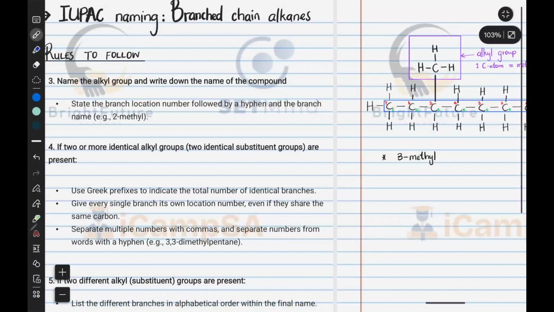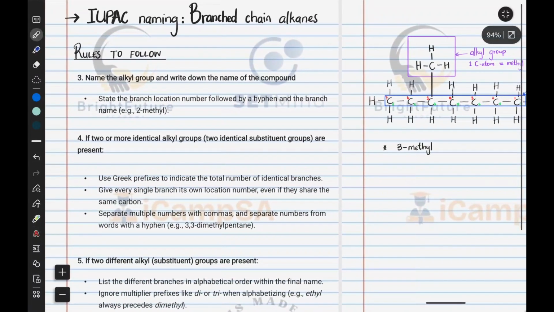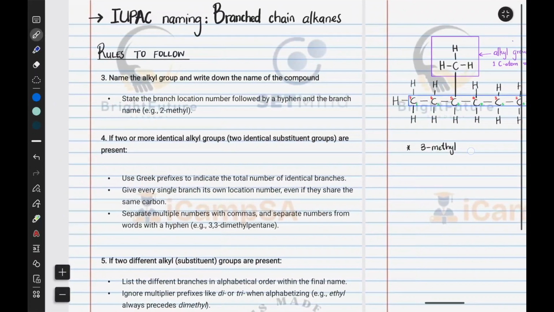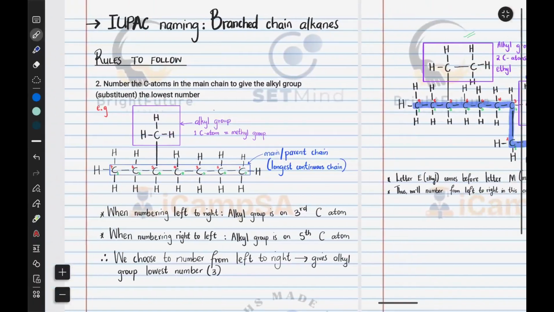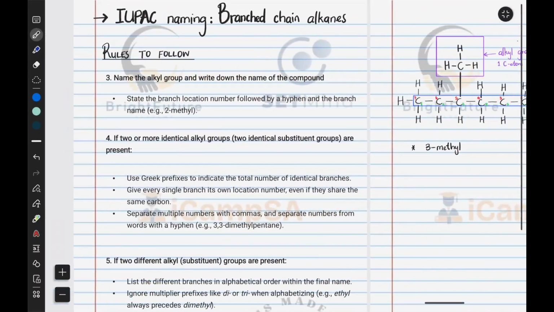That's the first part of the name, okay, which is our prefix. If you remember, we didn't have prefixes when we were dealing with straight chain alkanes, because now we're doing branched chain alkanes, right?